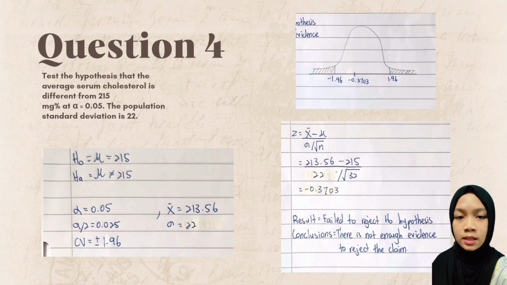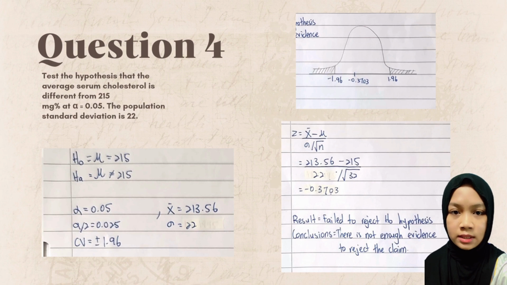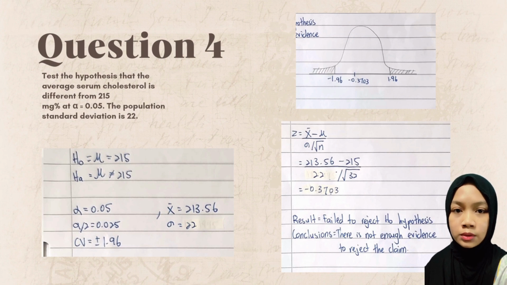For question 4, test the hypothesis that the average serum cholesterol is different from 215 mg% at alpha 0.05. The population standard deviation is 22. First, we state the hypothesis: H0 mean equals 215 and H1 mean not equal to 215. After that, find the critical value from the Z table, which is 1.96.